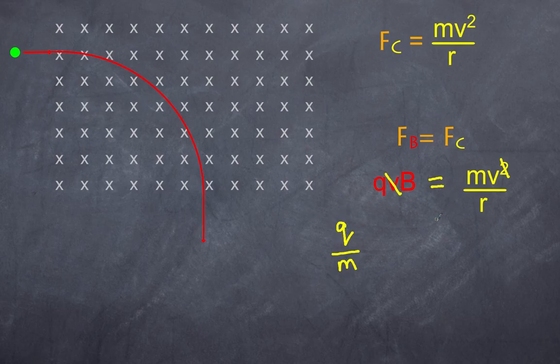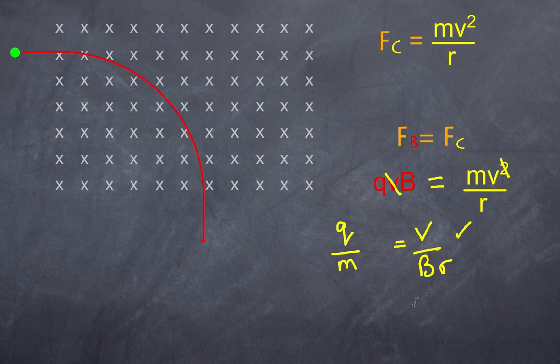So if we clean this up, you can see that the charge to mass ratio ends up equaling v over BR. Now, remember, v was already determined by JJ Thomson by equating the force due to the electric field and the force due to the magnetic field.